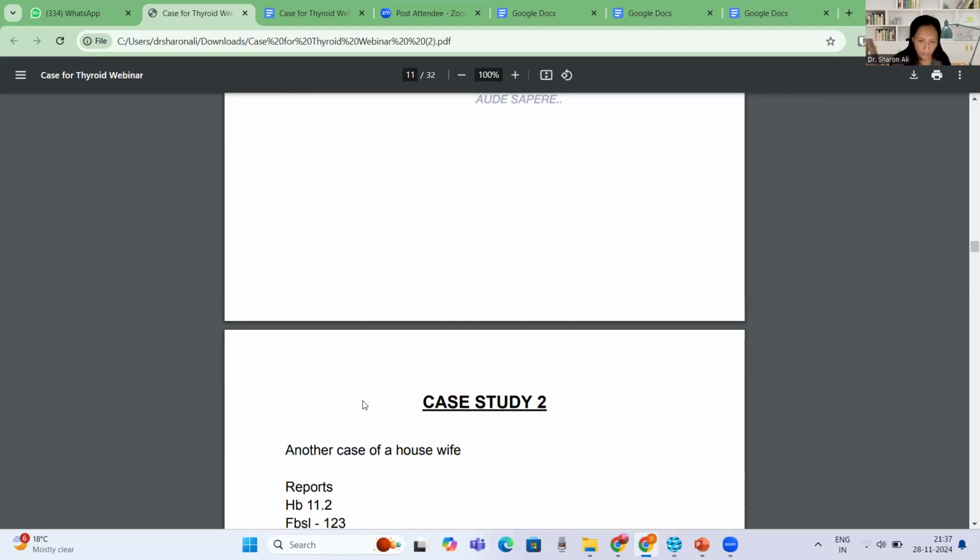But the most important learning from this case is that with these small remedies, it is not that we don't prescribe them on the mental state or don't see them as constitutional remedies.